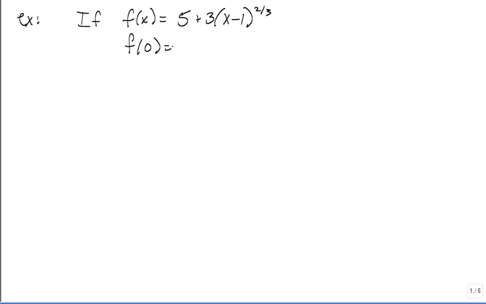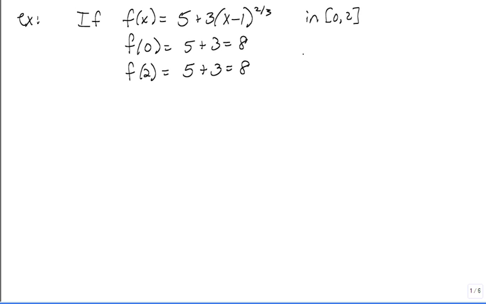Okay, one more example. If f of x is 5 plus 3 times x minus 1 to the 2/3, on the interval 0, 2, f of 0 is 5 plus 3, which is 8, and f of 2 is 5 plus 3, which is 8.